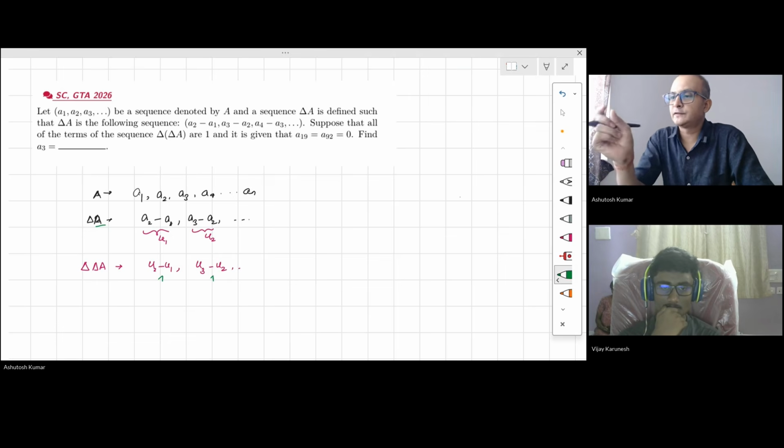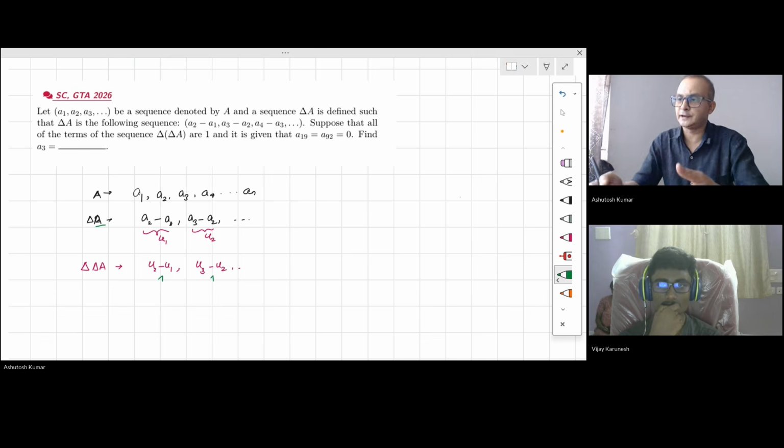When you take the finite difference for a constant gap, we call it the difference. But if we make that gap very close, then it will be differentiation, like a derivative.